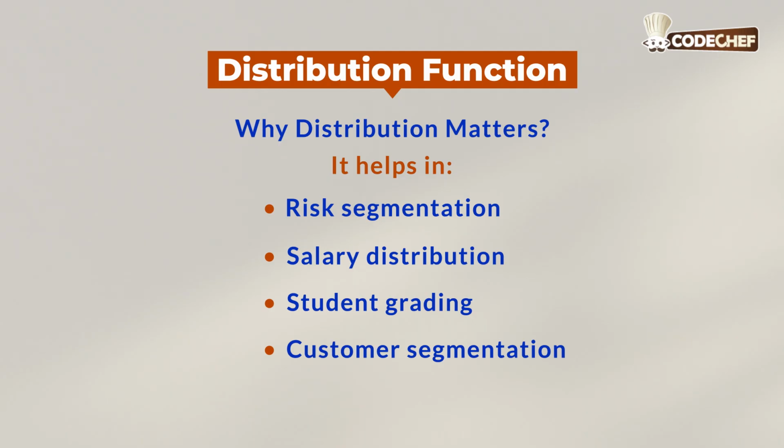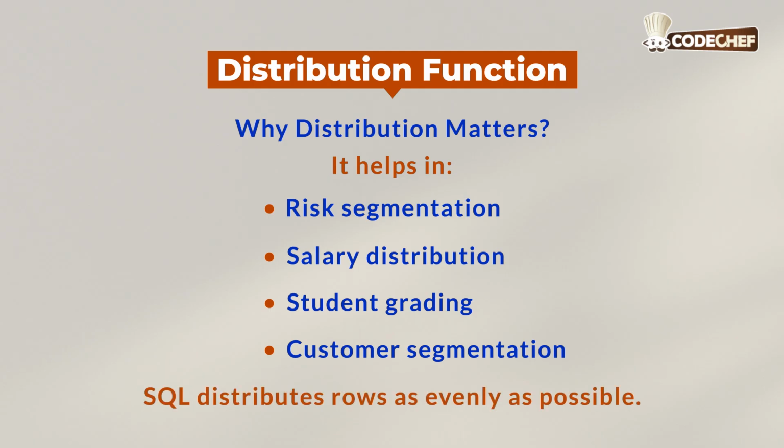So basically, we are using the distribution function to divide data into equal rows, forming buckets of data. It helps us in simplifying complex data by creating segments. SQL distributes rows as evenly as possible.